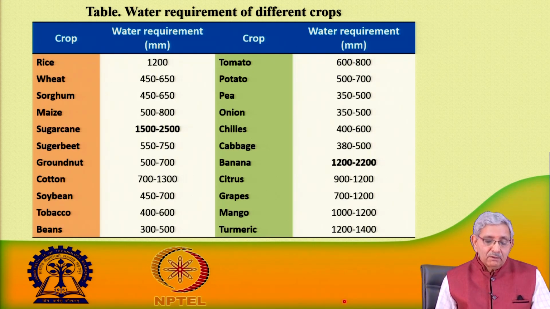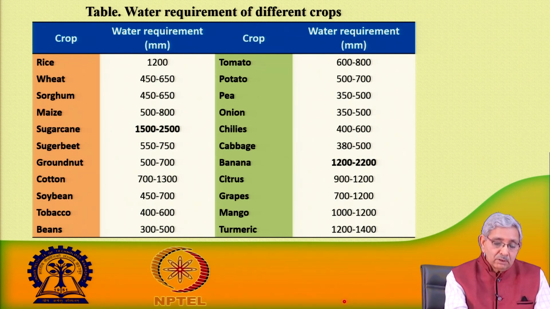And now, typical water requirement values for the variety of crops. Though it is given 1200 millimeter for rice, it is used more than 1800 in some cases, but it depends on in which season the rice is being grown.